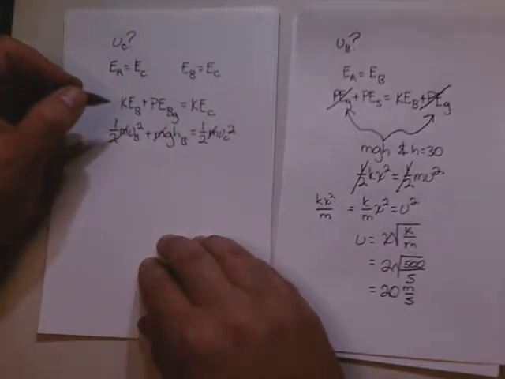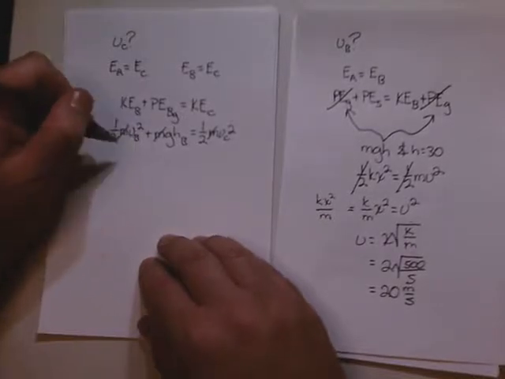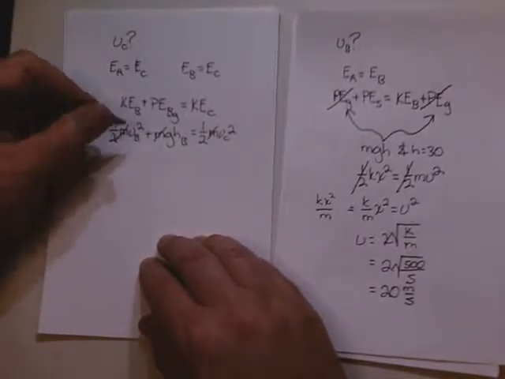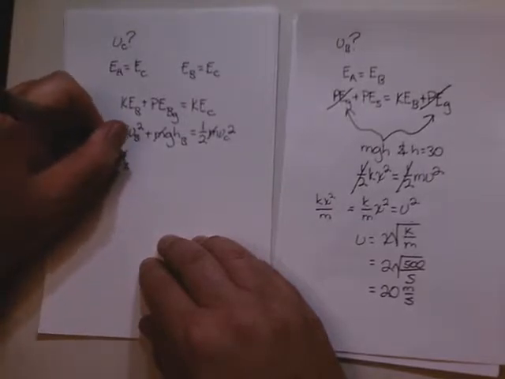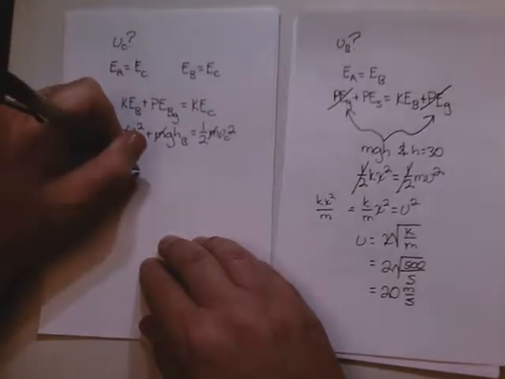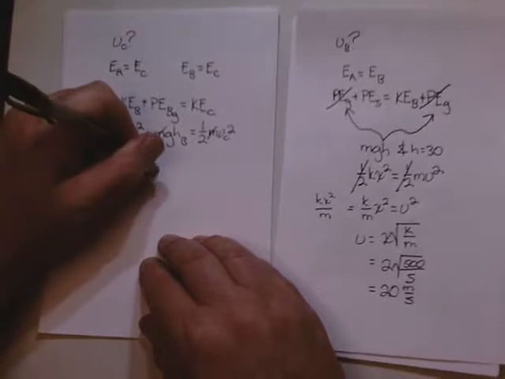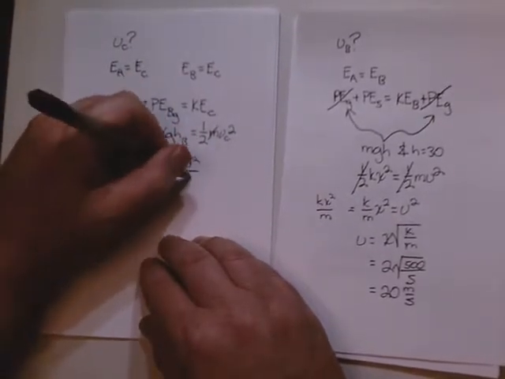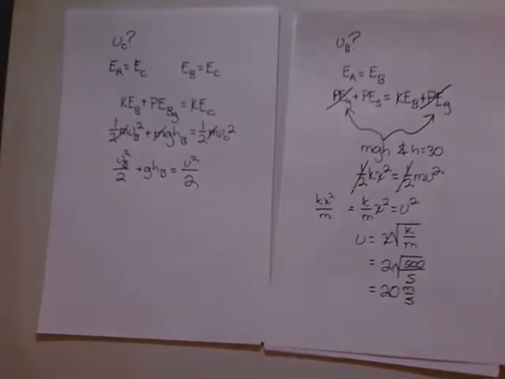What would cancel? No, the B's are subscripts. Why would the V's cancel? They would have to be in all three terms. Oh, yeah. It's a common mistake.